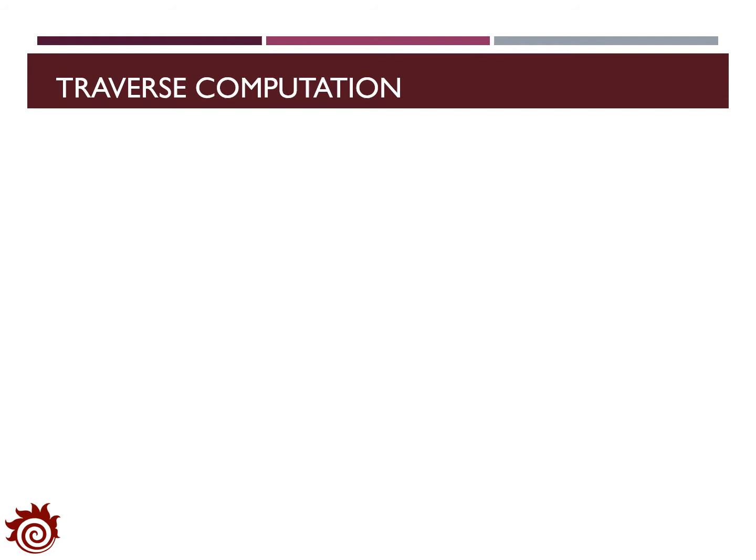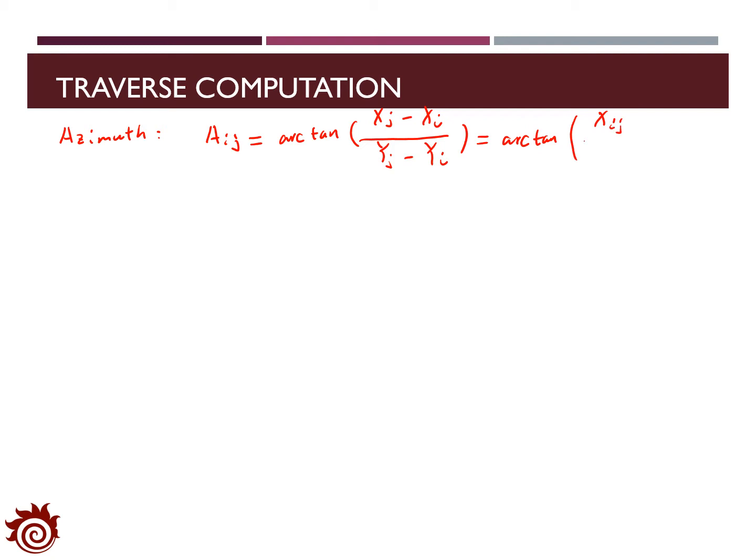For that estimation, we have the azimuth aij equal to the arctangent of xj minus xi over yj minus yi, which is equivalent to the arctangent of xij over yij, which is the departure over the latitude.